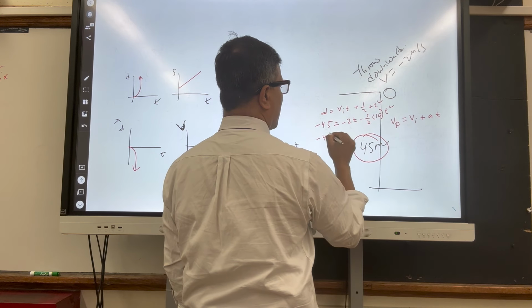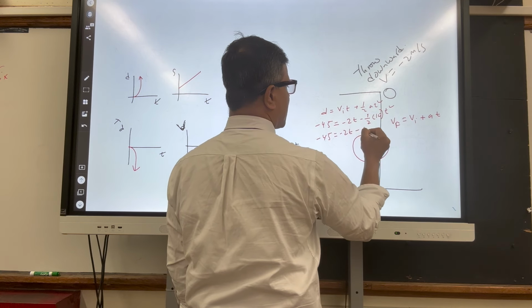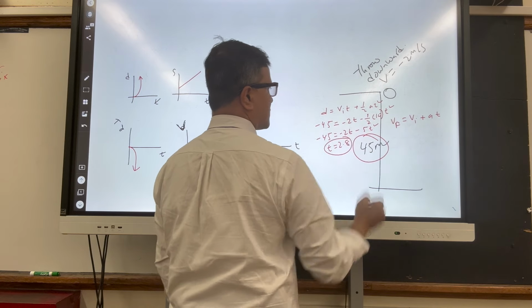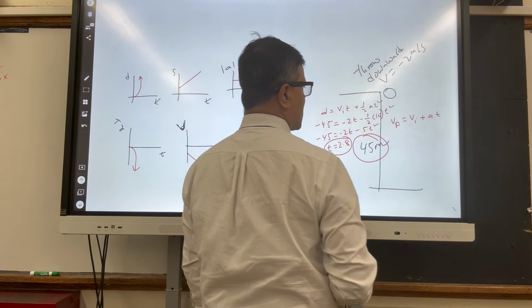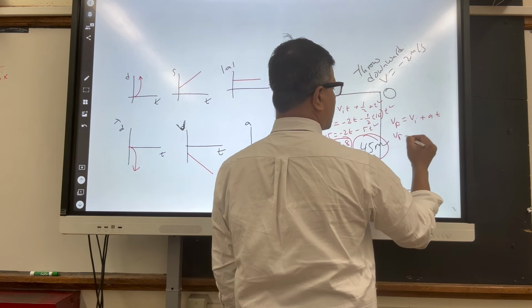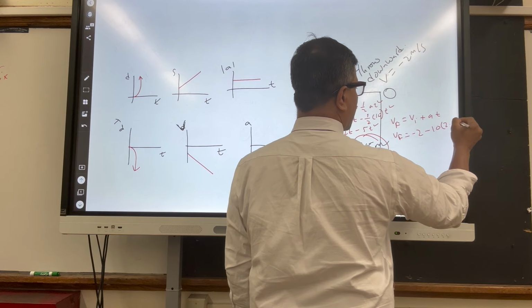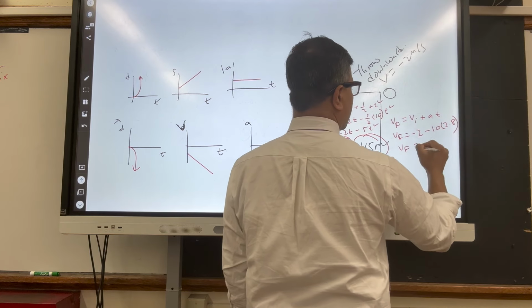So -45 is equal to -2t minus 5t squared. So t is equal to 2.8. Okay, so the final velocity Vf is equal to Vi, which is -2, minus 10 times 2.8. So Vf is -30.